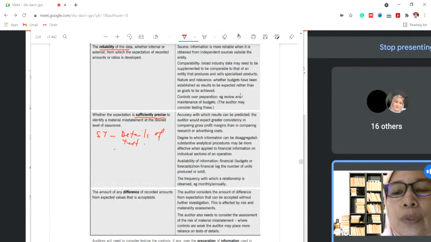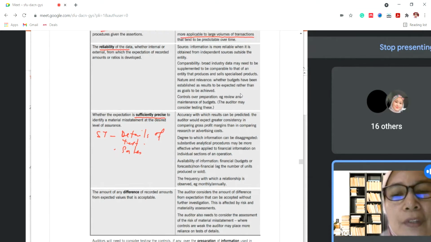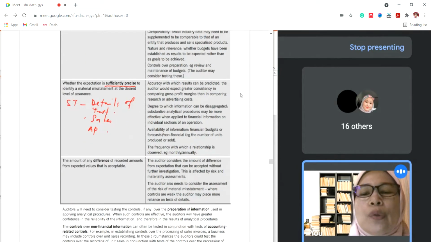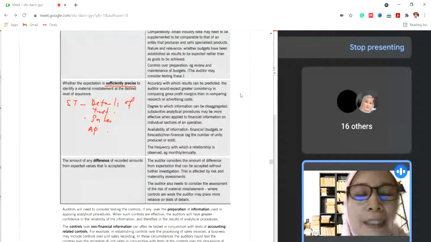Okay, let's say to the sales. Okay, details to means that you test individual item, then you identify that you need precise evidence. So you need precise evidence regarding to the sales pattern. So you might perform the analytical procedures. Okay. So you look at to the degree of the test.